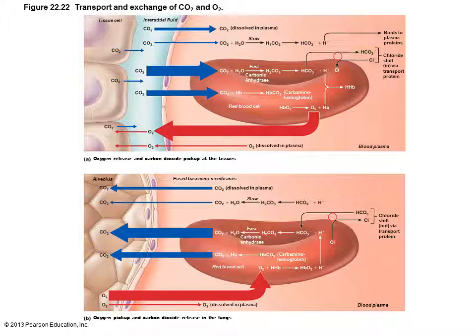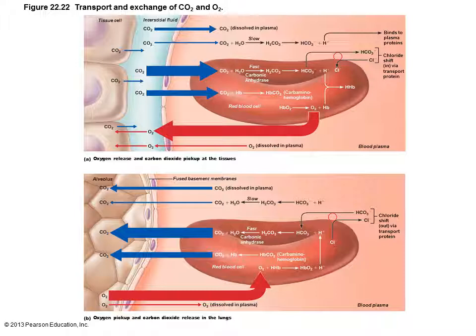And also, some of the CO2 dissolved in the plasma can diffuse out directly to the alveoli. And also, some of the bicarbonate remaining in plasma can bond with the hydrogen ion, forming carbonic acid, and that also reverses back to CO2 and water. And so CO2 can be diffused out as well.